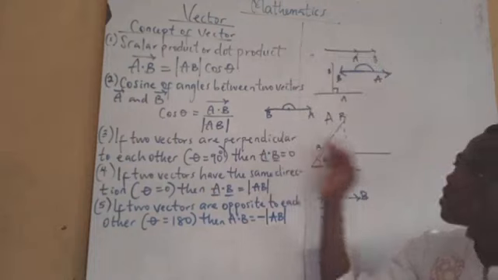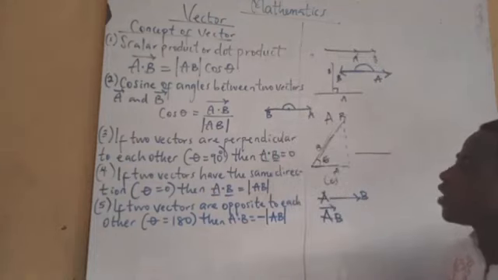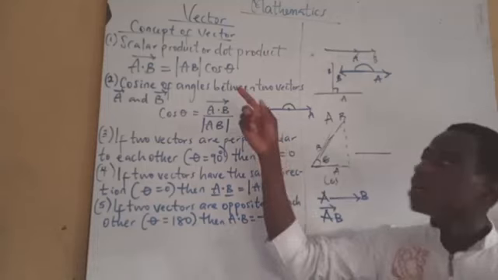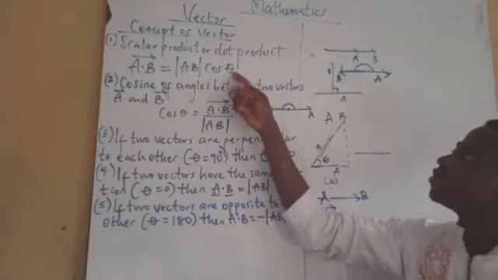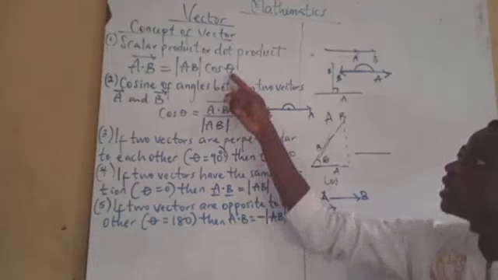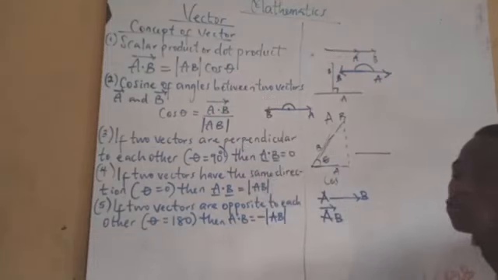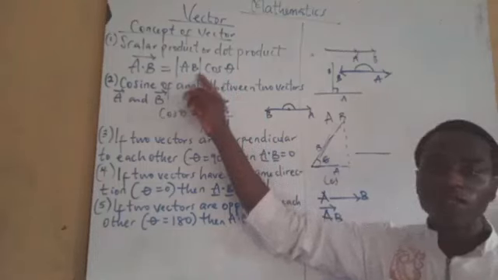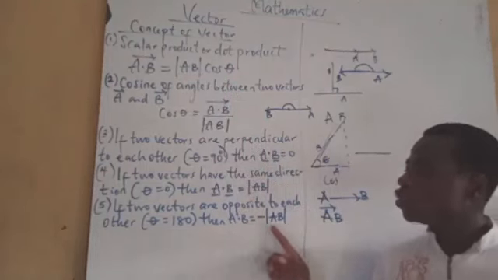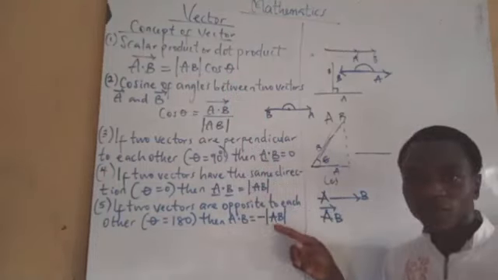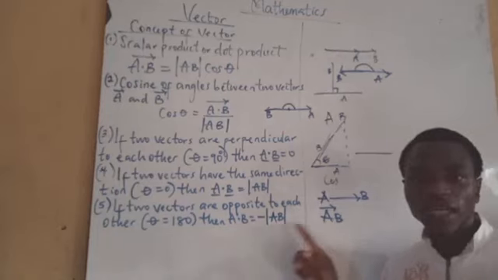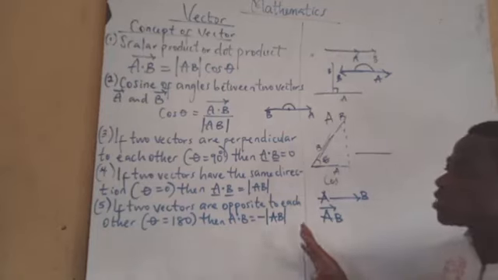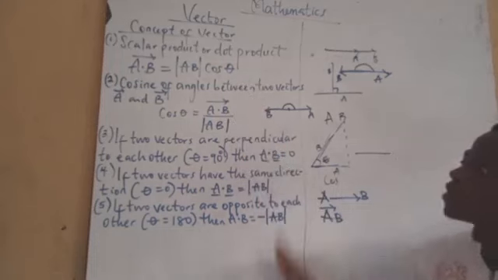That's angle on a straight line. So if you insert theta as 180 degree over here, cos 180 degree will give us -1. And if -1 is multiplied by magnitude of AB, then our A dot B will be equal to minus magnitude of AB. So that is where I will stop for the concept of the scalar product.